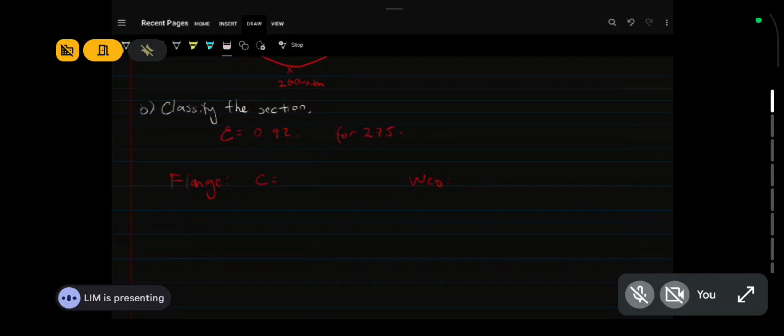C is, I draw it here. C is this dimension there.